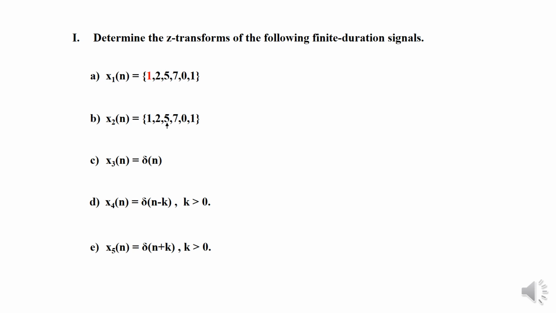So what will be X1(z)? When we are transforming x1[n], it will be X1(z). It will be like 1 z to the power minus 0 plus 2 z to the power minus 2, right? So likewise you can find by applying this.